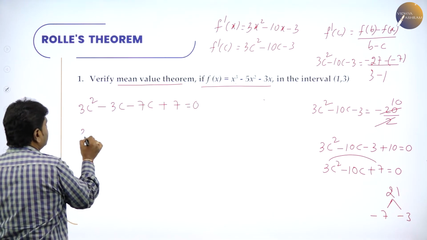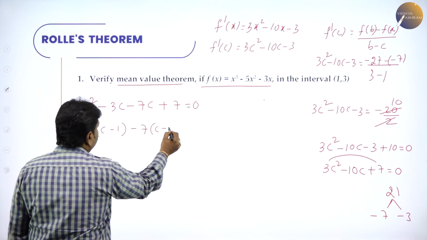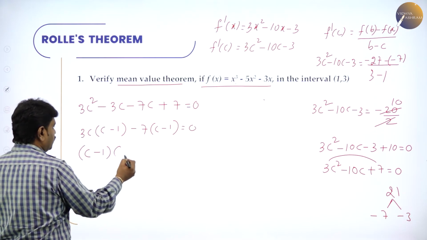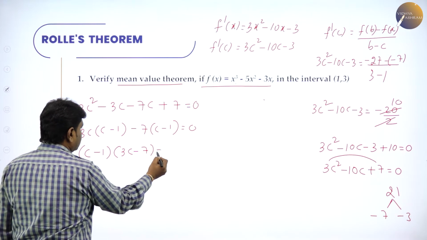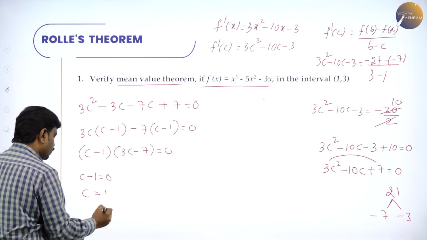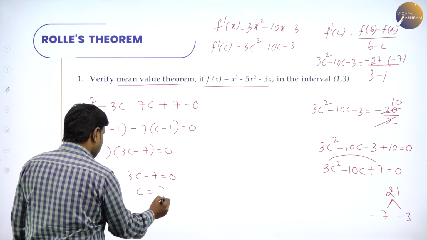Now in these two, take 3c common, it will become c minus 1. In this take minus 7 common, it will become c minus 1. Again take c minus 1 common, so it will become 3c minus 7 equal to 0. Equating c minus 1 to 0, you'll get c is equal to 1. And 3c minus 7 equated to 0, c becomes 7 by 3.